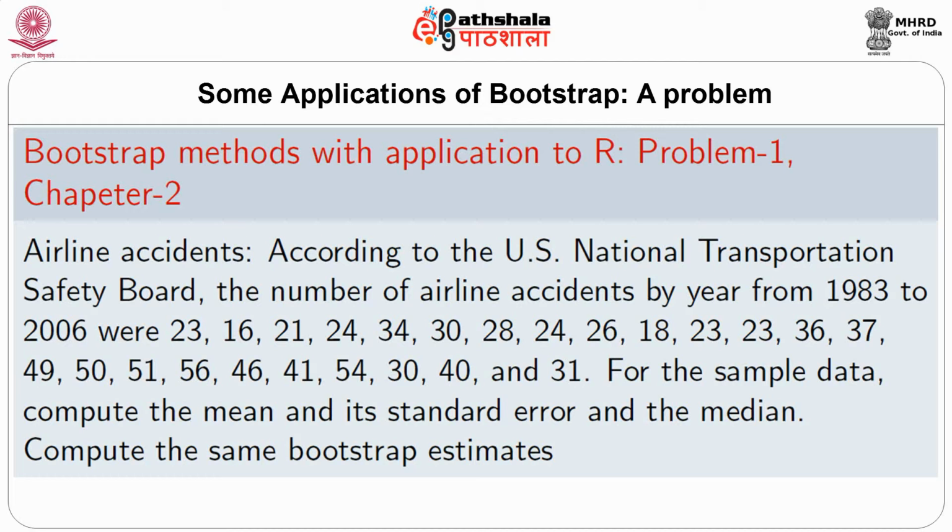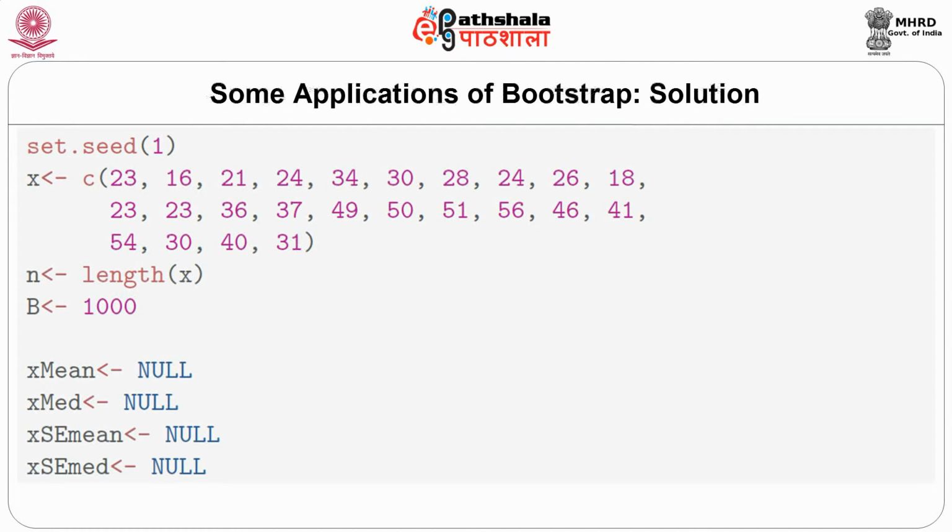According to the US National Transportation Safety Board, the number of airline accidents by year from 1983 to 2006 are given. For the sample data, compute the mean and its standard error and the median, and compute the same using bootstrap estimates. So, we are given a set of numbers, and from that we have to find the mean, the standard error and the median. Also, we have to repeat the same estimates using the bootstrap technique.